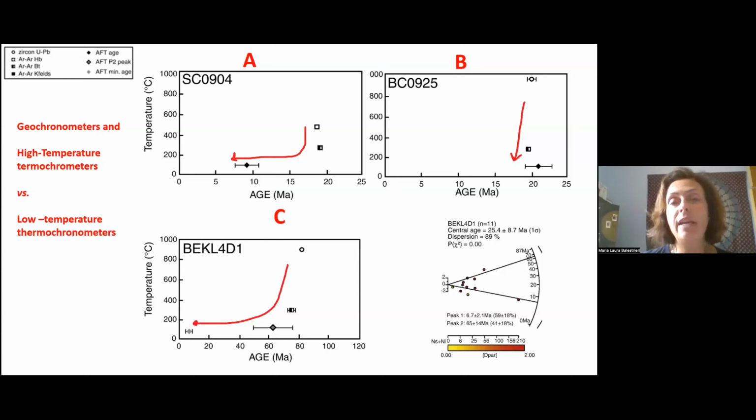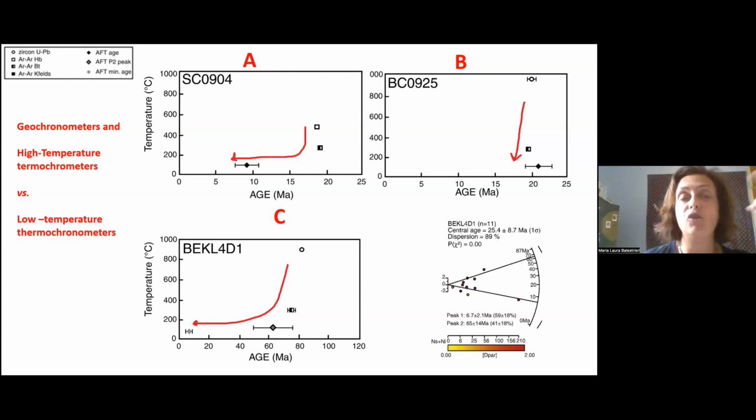Here we can see various cases that we have encountered during the study. We have a case A in which the uranium-lead, so the geochronometer, and the high temperature thermochronometers give ages that overlap.